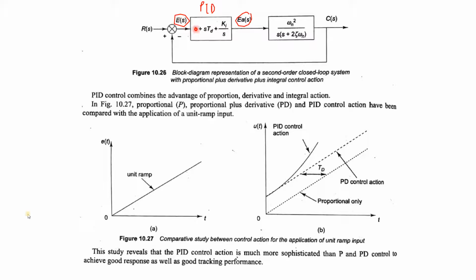Okay, so after Laplace transform, you will get this kind of result. So it will be Kp, only Kp is there, plus derivative becomes S Td, plus integration becomes 1 by S, so Ki 1 by S. Then the signal is sent to the actual plant. So now the plant will sense E(s). So if you give the error signal to the plant, it cannot do anything. It will act upon the input.